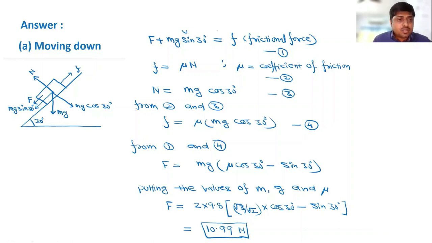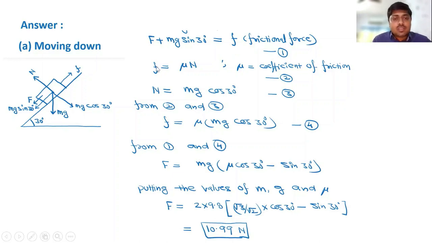If it is going to move downward, then there will be another force, the frictional force, that will act in the upward direction, opposite to the movement. So we can see that F plus mg sin 30 degrees, the two forces acting in the downward direction, must be equal to the frictional force.